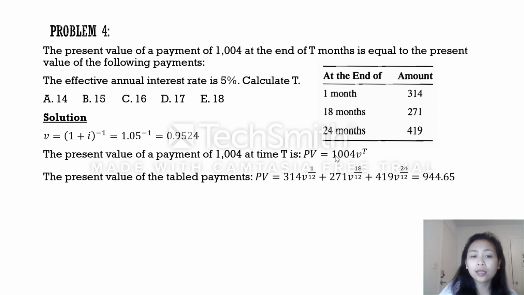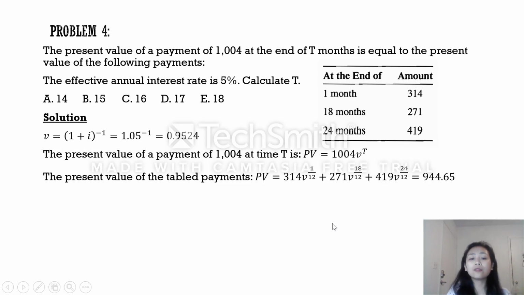And the present value of the payments shown in the table is 314 times v to the 1 over 12, because if we use t in years, then one month later t is 1 over 12. 18 months later, t is 18 over 12. 24 months later, it's 24 over 12.